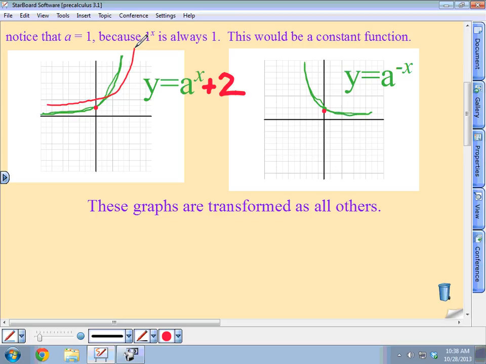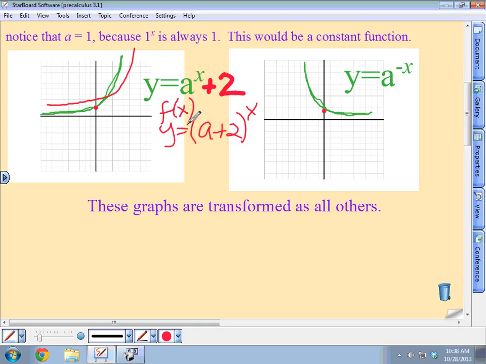Or the same thing, if this was minus 2, it would shift down. Okay? You could have a to the x plus 2 as a horizontal shift to the left, or minus 2, your shift to the right. So these will transform just like all the other functions.